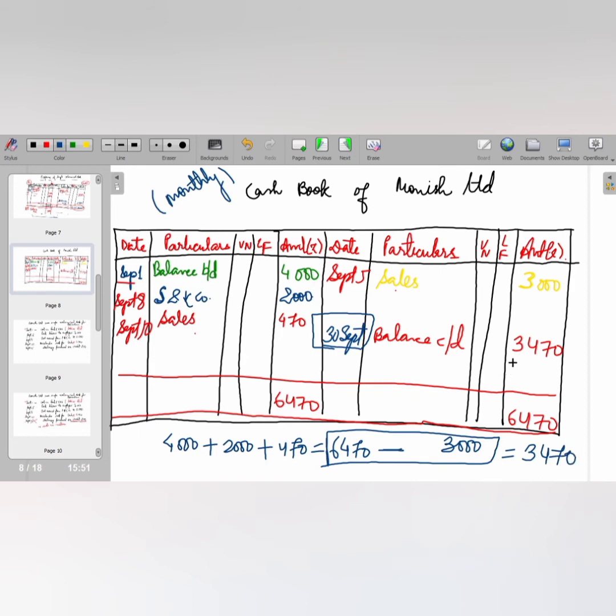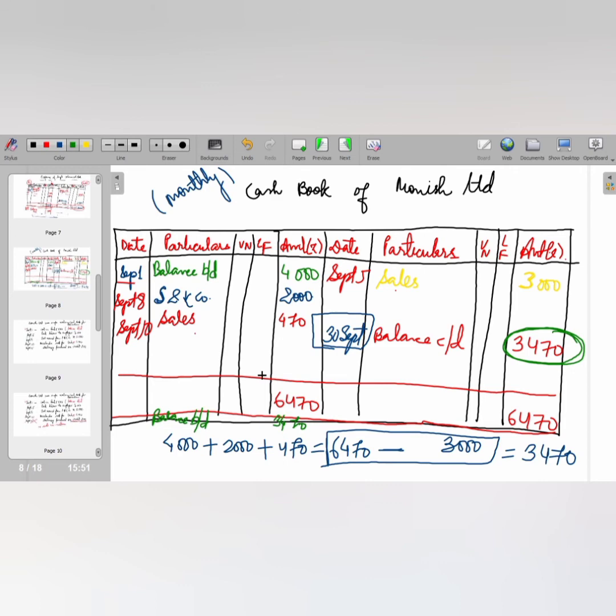So this amount will be carried down. 3,470. Fine. Now this same amount will be brought down in the month of October as balance brought down. How much? 3,470. Fine. Hope it is very clear.